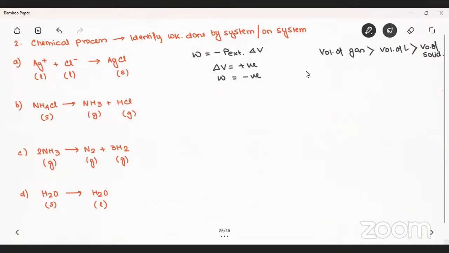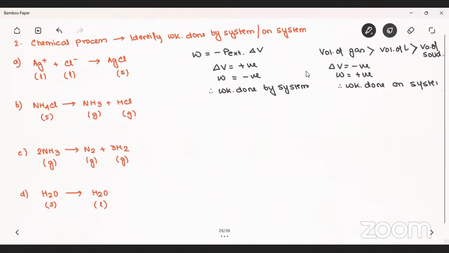So if this is the condition, then it will be work done by system, and vice versa. If delta V is negative, then our W will be positive. So work done on system.